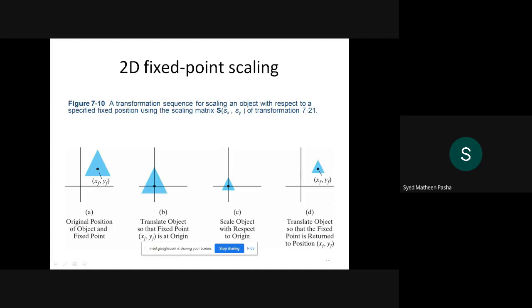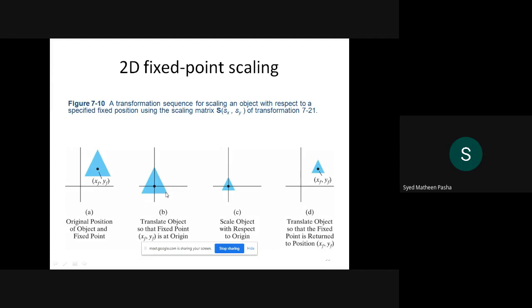So what is the procedure here? First, you translate the object so that the fixed point xf, yf is at the origin. I can call this the origin, right? So I'm just translating this object from its position to this position, that is nothing but the origin position.